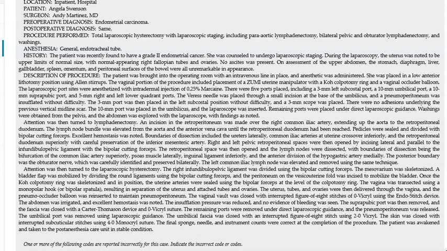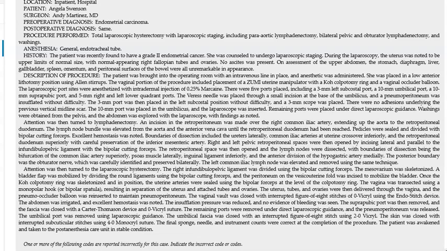Once the colpotomy ring was skeletonized and in position, the uterine arteries were sealed using the bipolar forceps at the level of the colpotomy ring. The vagina was transected using a monopolar hook, resulting in separation of the uterus and attached tubes and ovaries.